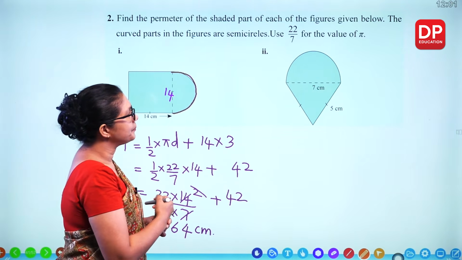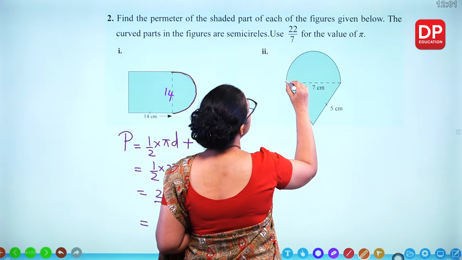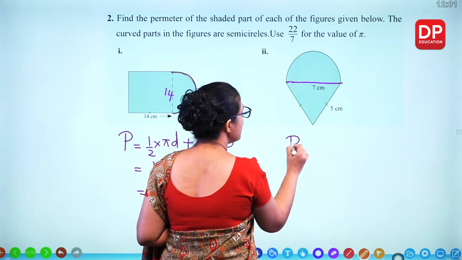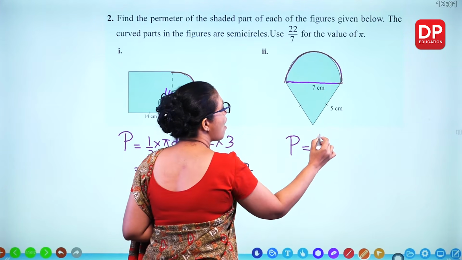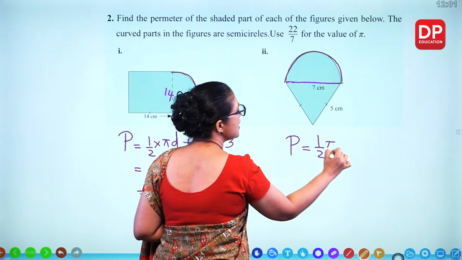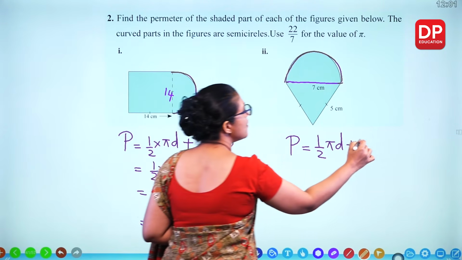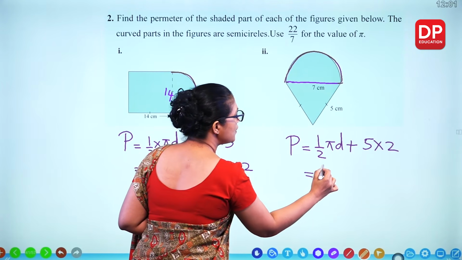What about this one? This one, diameter is 7. So how do you find the perimeter of the full figure? So this part, half of pi d, plus this part is 5, this is 5. 5 times 2. Now substitute the values.